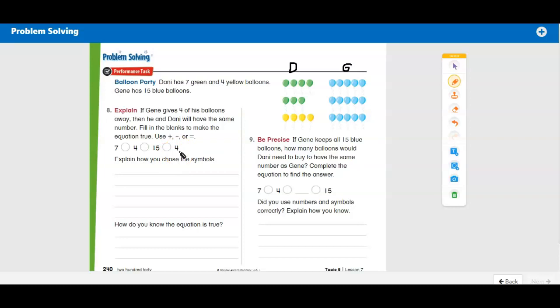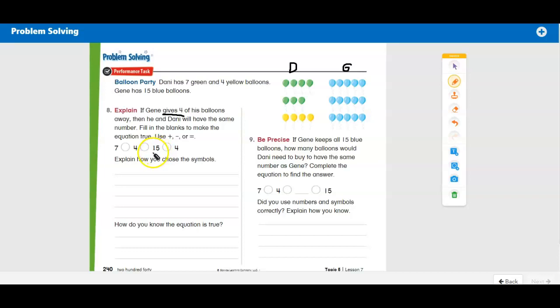So let's look closely at our word story again. So it says, if Jean gives 4 of his balloons away. Well, we know that Jean has his 15 balloons here. So if he gives 4 away, is he adding or subtracting on his balloons? He is subtracting. If Jean gives 4 balloons away, we know he's going to be subtracting.